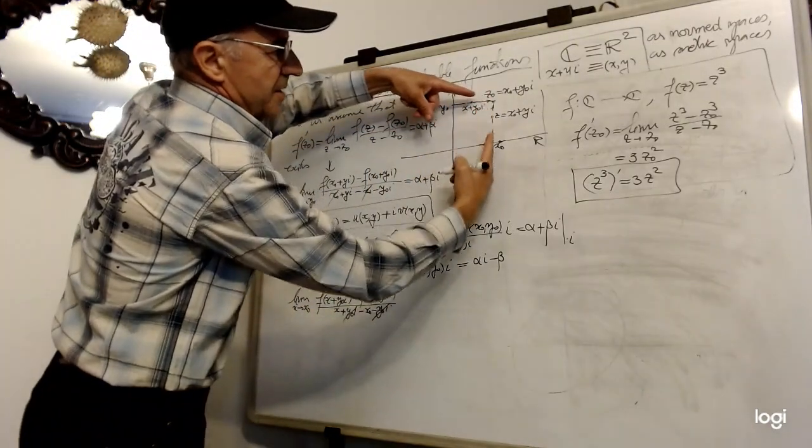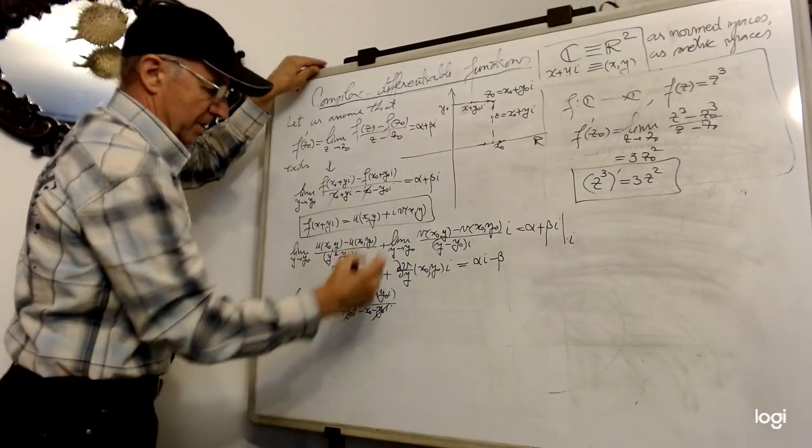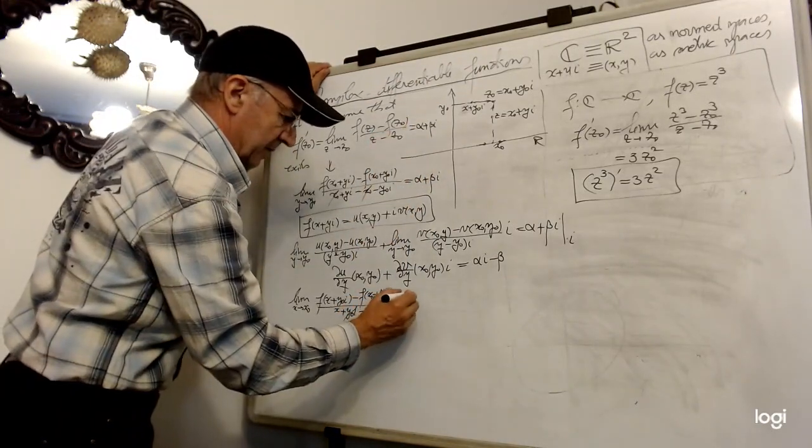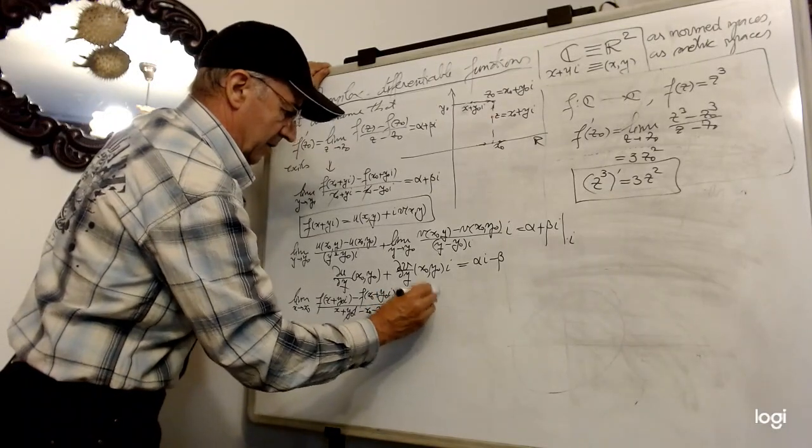The limits along the two considered directions must coincide. We denoted this limit by alpha plus beta I.